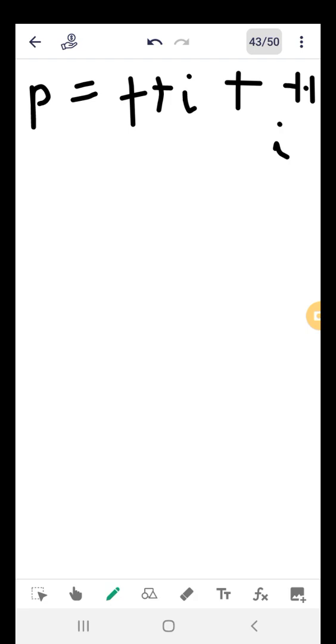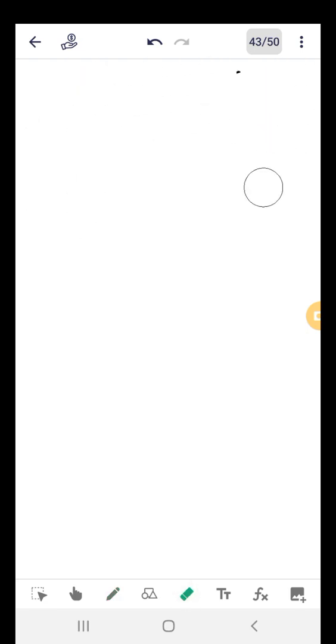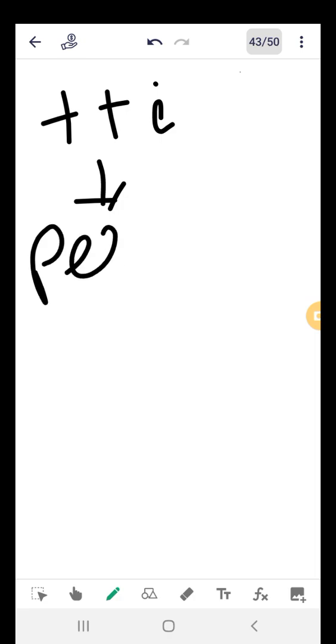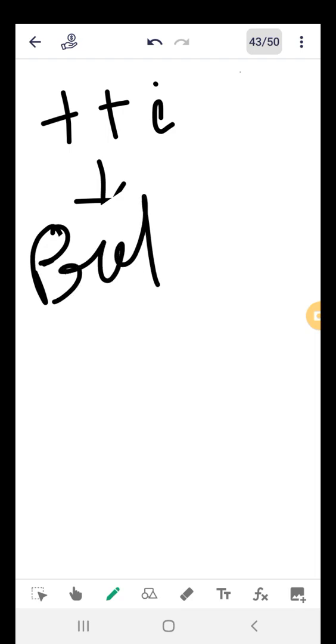Plus plus I can also be written as minus minus I, you know that. Or I minus minus, whatever. Both the things I am showing you: if the signs are before the variable, this is a prefix unary operator.